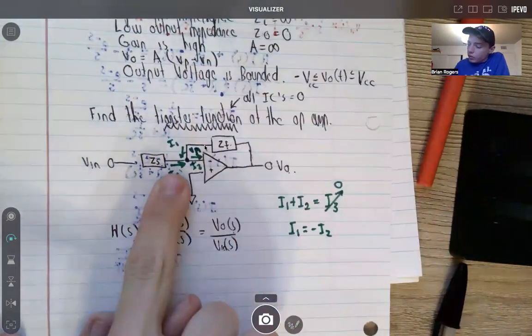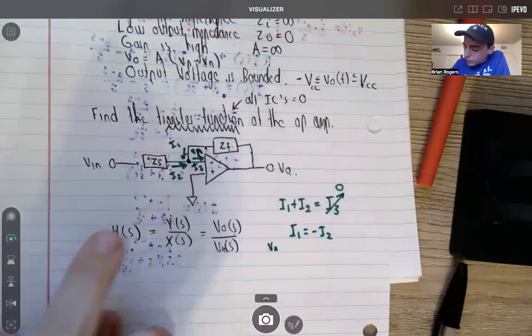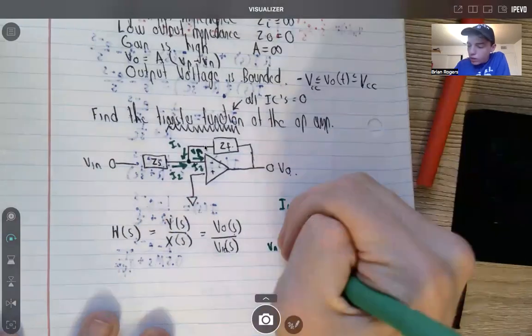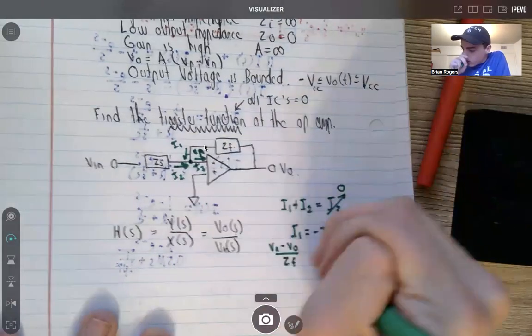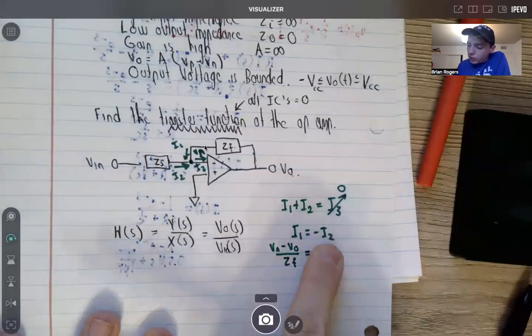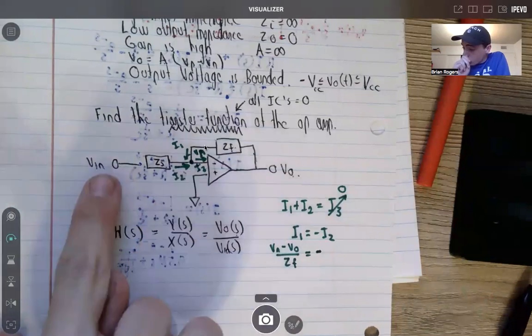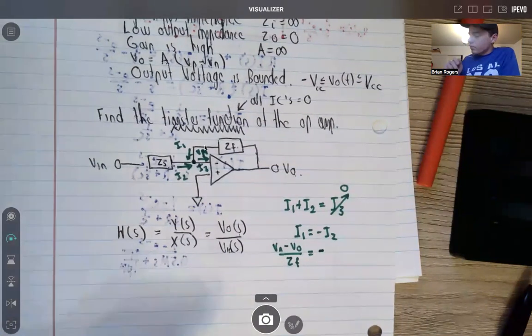So if we make an equation, V of N minus V out all over what's in between for the impedance, Z of F here, is equal to the minus of I2, which is given by V of N minus V in all over Z of S. Oh wait, oops, did I draw the correction? I think it should be fine though.